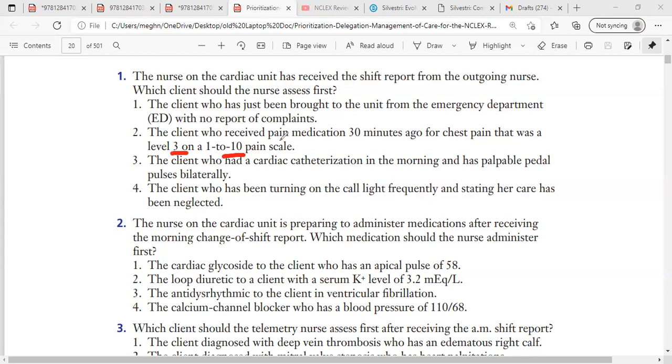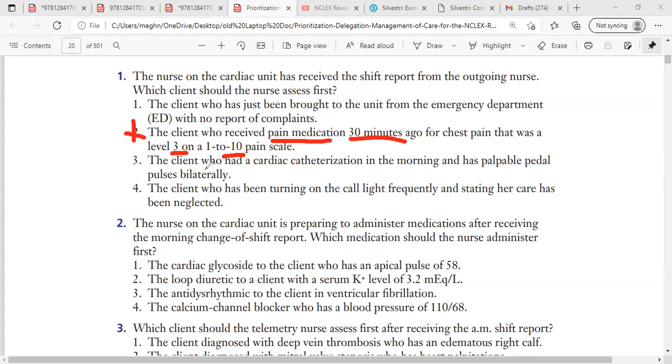The patient was already given pain medication 30 minutes ago. They have to wait. Imagine if the pain were 8 out of 10 or 9 out of 10. That is the priority according to Maslow's law.